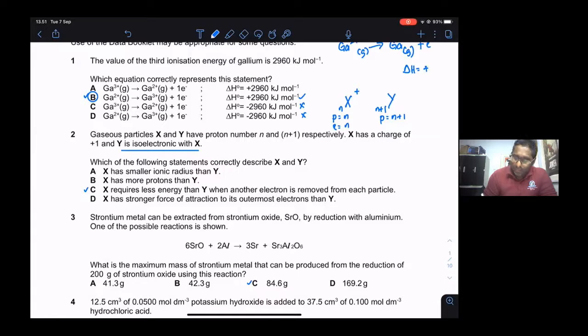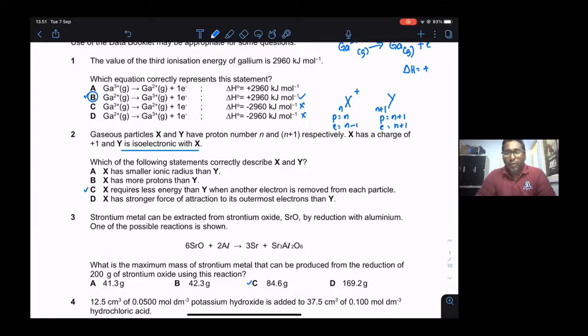Now Y is isoelectronic with X. If Y is neutral, the electrons would follow the protons, N plus 1, but I need to make sure the number of electrons is N minus 1.